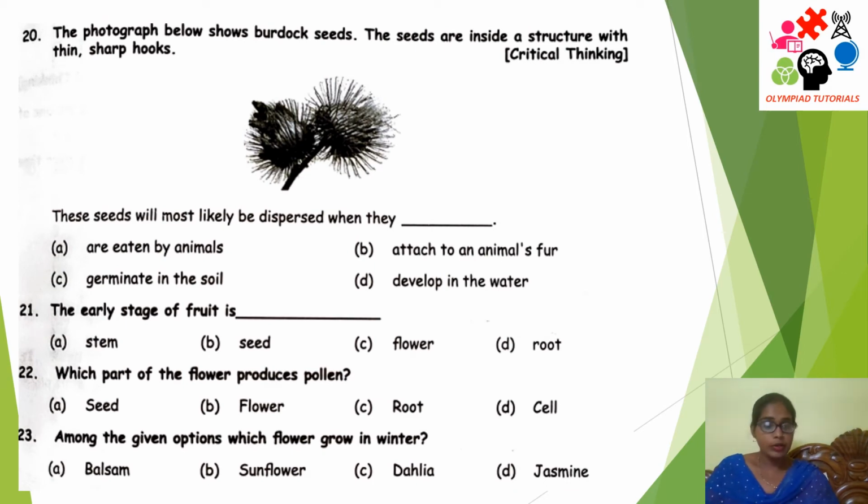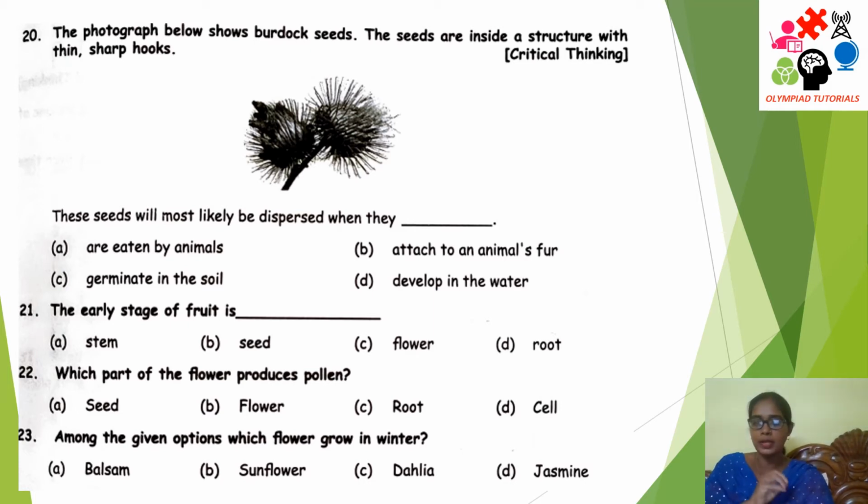Now next question. The photograph below shows burdock seeds. The seeds are inside a structure like thin sharp hooks. Now here you can see thorny type of structures, or hook-like structures. The surface is very uneven. So these seeds will most likely be dispersed when they dash.